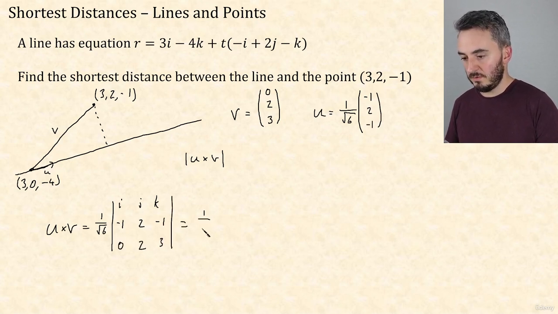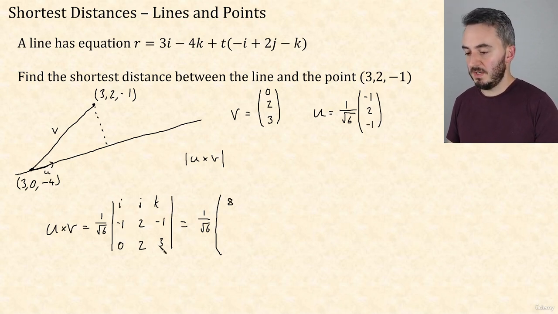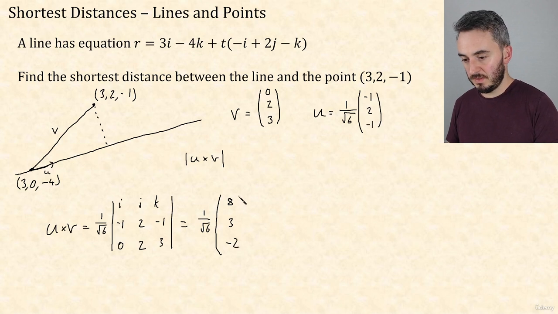Not forgetting the 1 over root 6. What do I have? i times 6 minus minus 2 is 6 plus 2, which is 8. The j component, which will make negative at the end, is minus 3 and 0, so that's minus 3, so it's 3. Then k, and it's minus 2 minus 0, so that's minus 2.